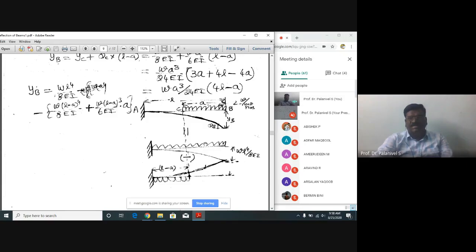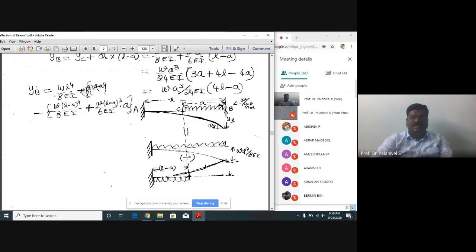If you put it like this, the UDL is acting downward. So this cantilever beam minus this cantilever beam is equal to this beam. The result will be this.